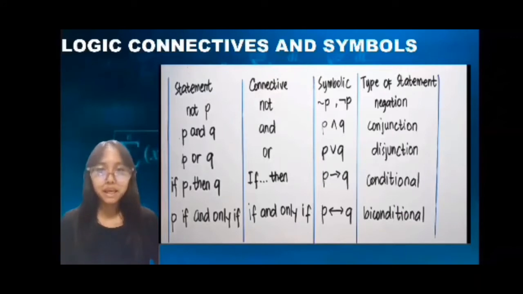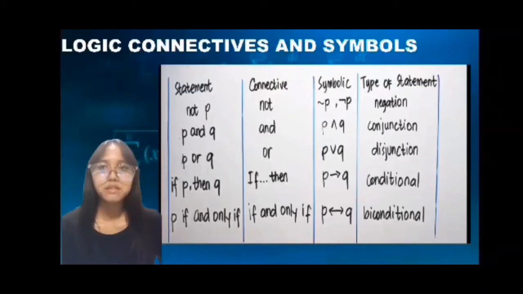Next, P and Q, the connective is and. Symbolic is P and Q. The type of statement is conjunction. P or Q, the connective is OR. Symbolic is P or Q, the type of statement is disjunction. If P, then Q, the connective is if, then the symbolic is P, if, then Q, and the statement is conditional.